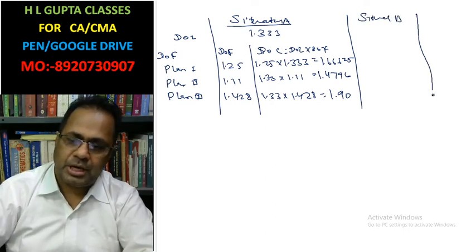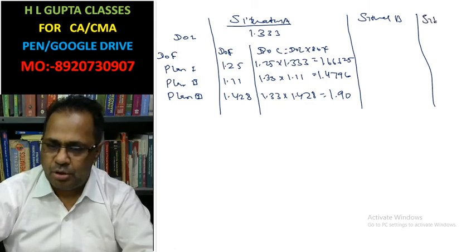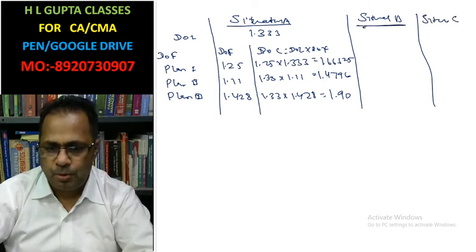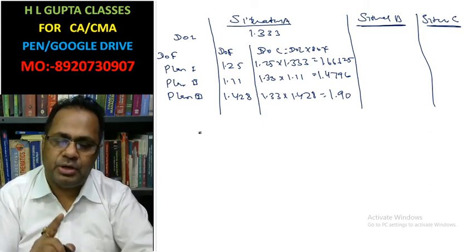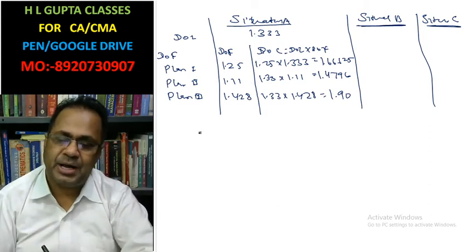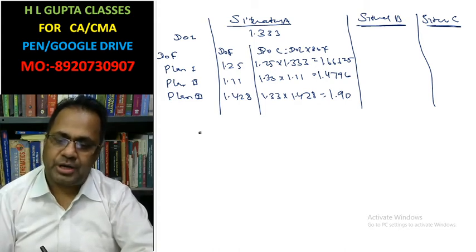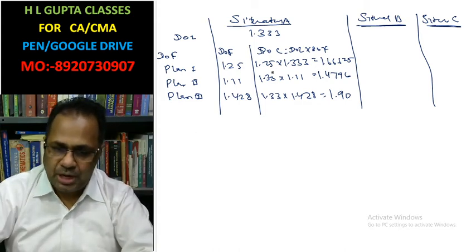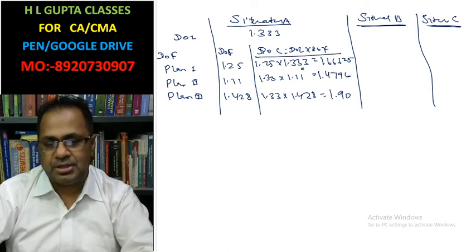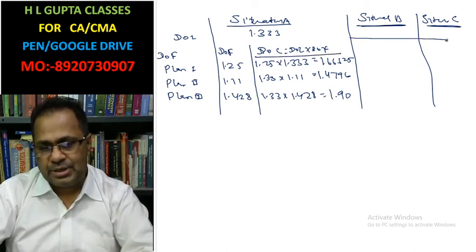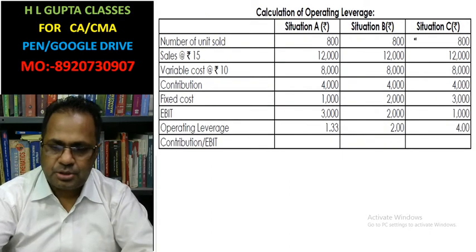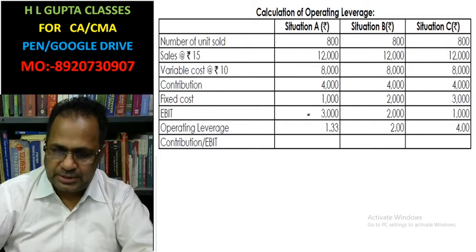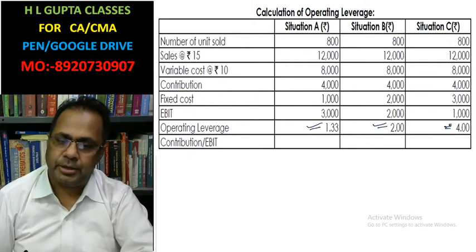You have to calculate in the same way for situation B and for situation C. For each, first calculate the degree of financial leverage for each plan, and then calculate the degree of combined leverage this way. Look at the book, which has given the solutions. This is 1.33, already calculated.